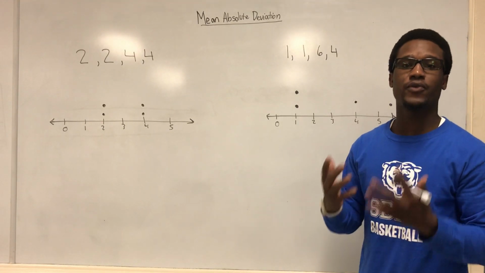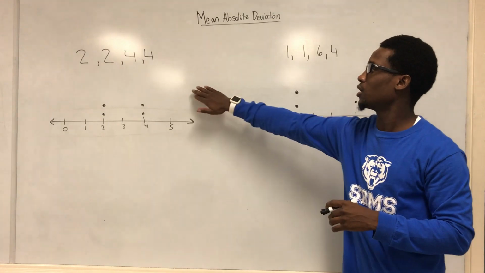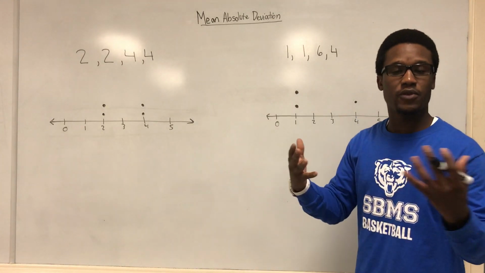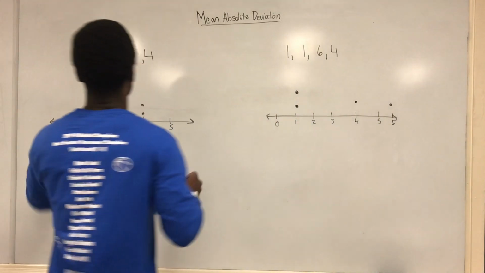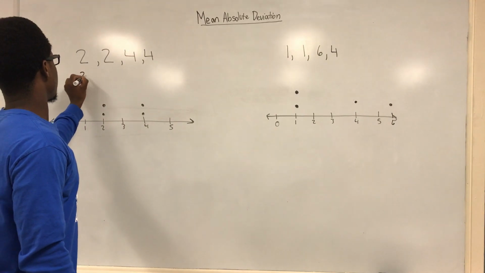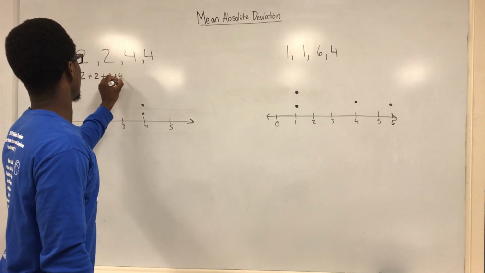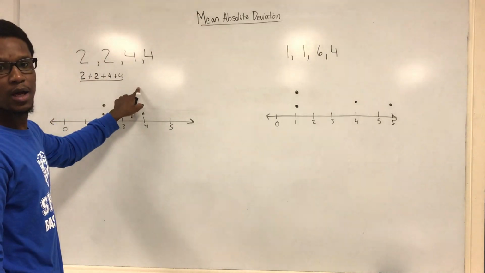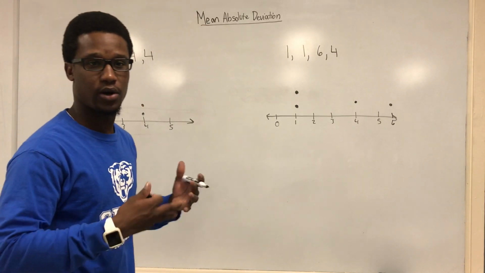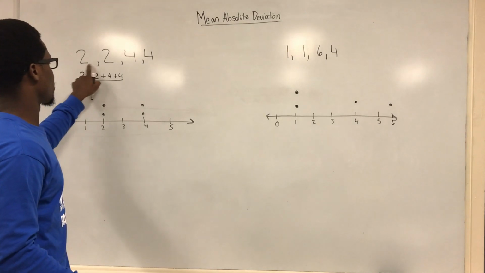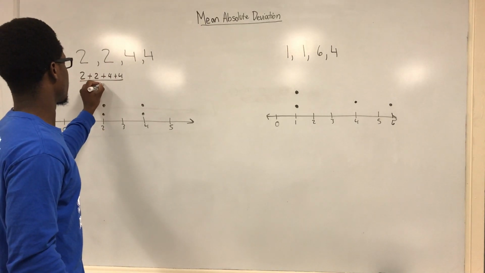In order to do that, we first need to figure out what the mean of each data set is. In order to figure out the mean, we take the average, meaning we add all the numbers up. So we have 2 plus 2 plus 4 plus 4. And we're going to divide all of that by the total amount of numbers there are. So as you can see, there's 1, 2, 3, 4 numbers. Okay?